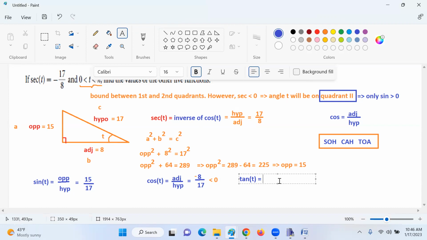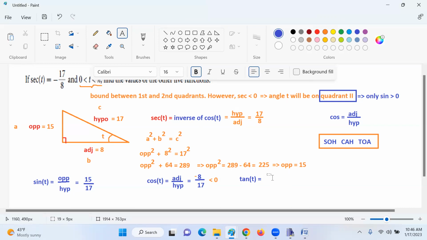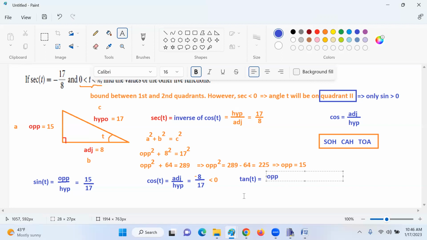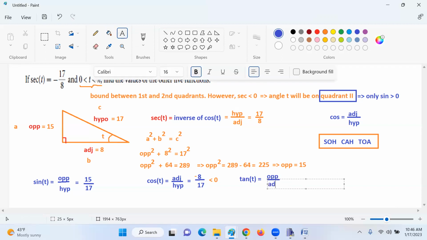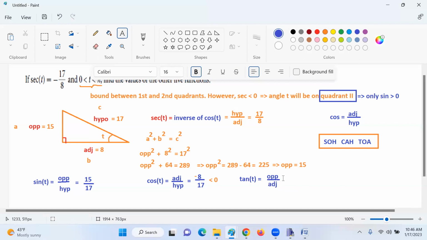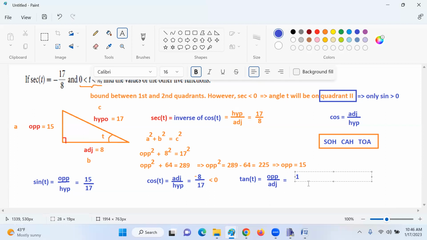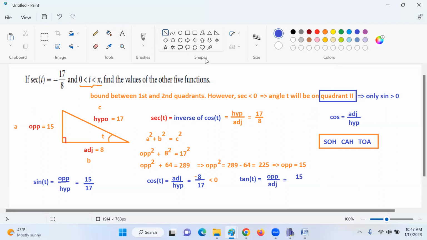And then the tangent would be the opposite over adjacent. The opposite side length is 15 and the adjacent is 8, so that's 15 over 8.